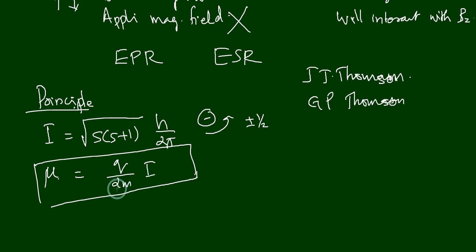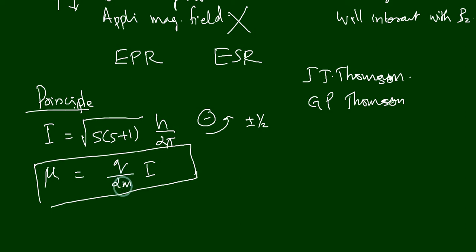This is a general equation. It is applicable not only for electrons but for any particles having some charge. It can be the nucleus or it can be the electron. Nucleus in the case of NMR spectroscopy.